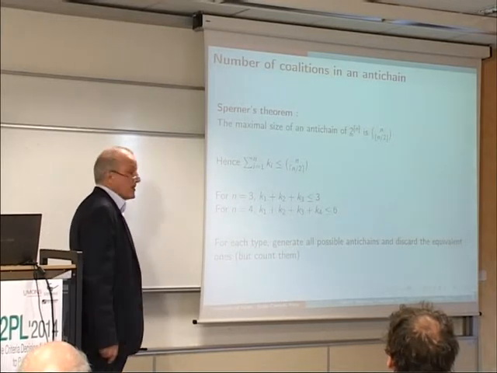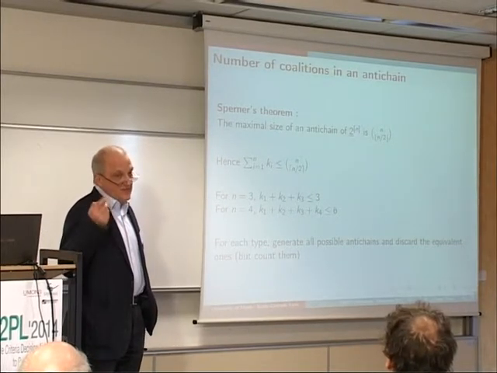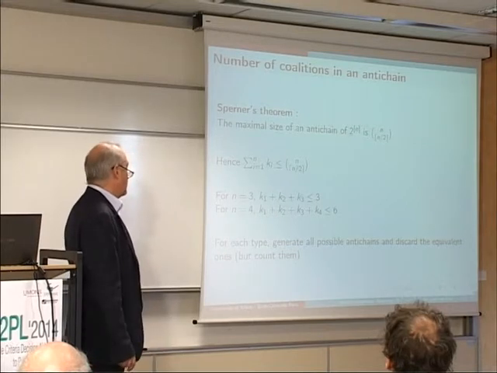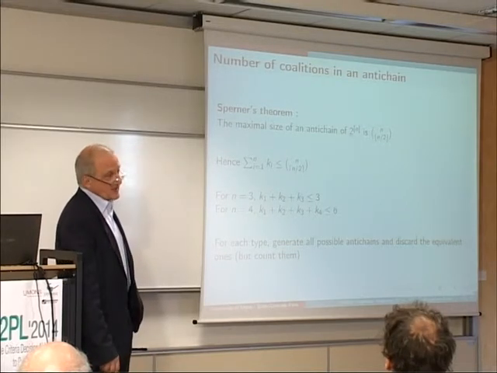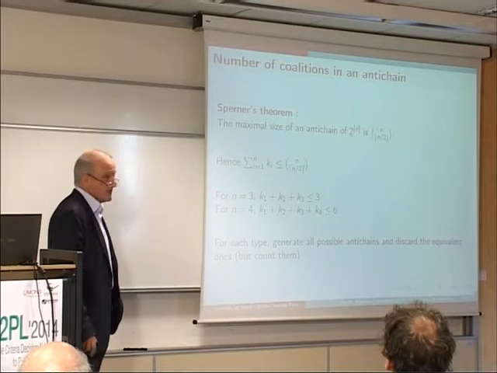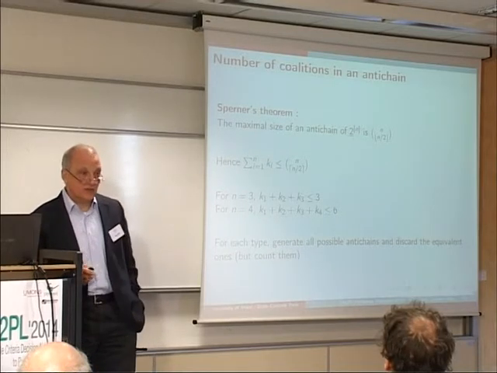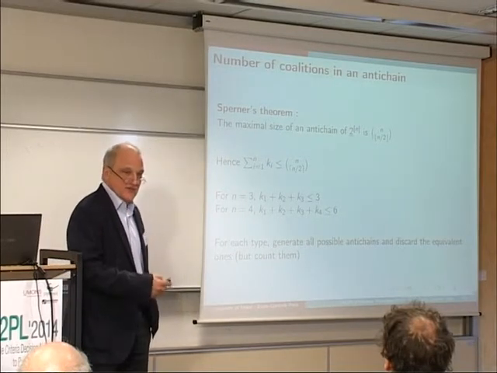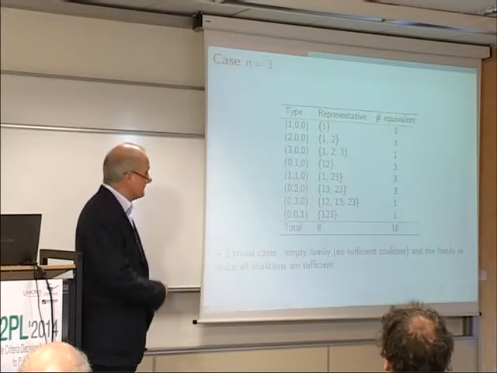So for each feasible type, we generate all possible anti-chains and we discard the equivalent ones, but we count them because we want to know their frequency.